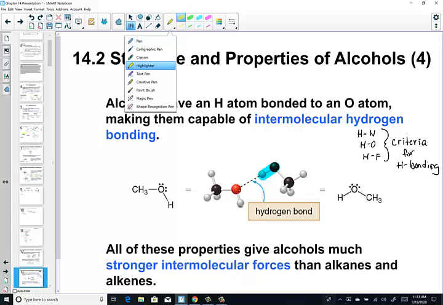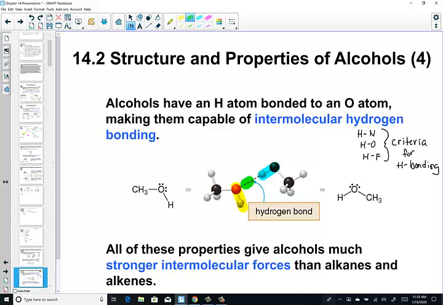And do you see how this oxygen with its hydrogen and a neighboring molecule sets up this intermolecular attraction right here known as a hydrogen bond? And that's a very, very strong intermolecular attraction. Tell yourself it's not a true bond.